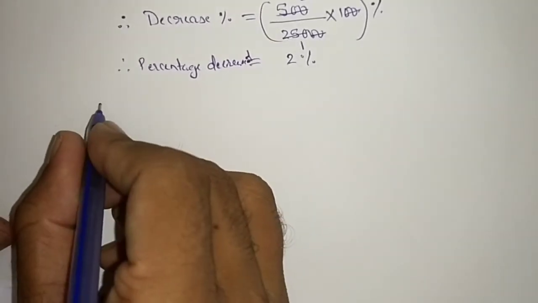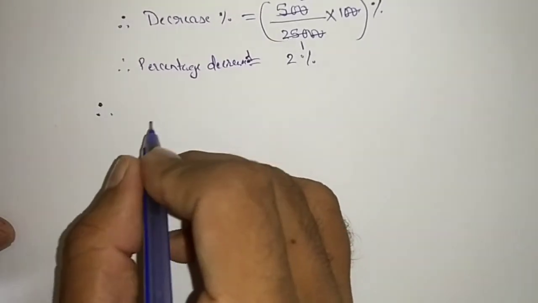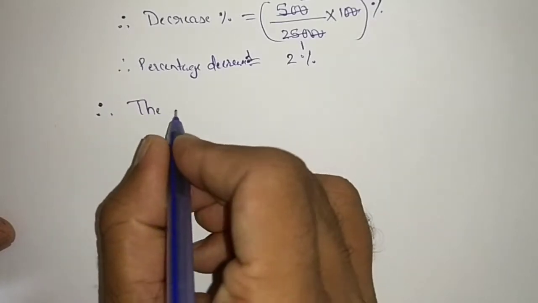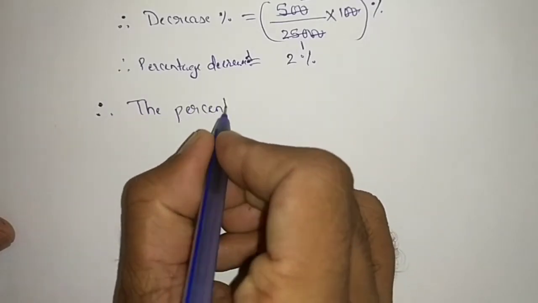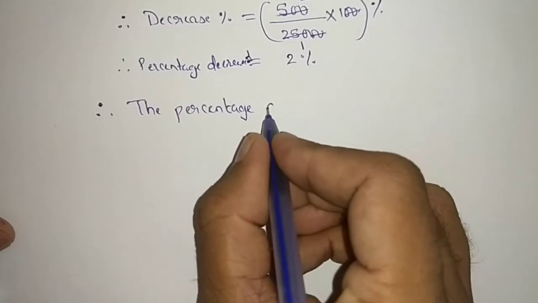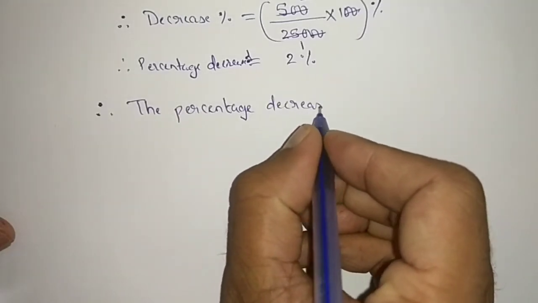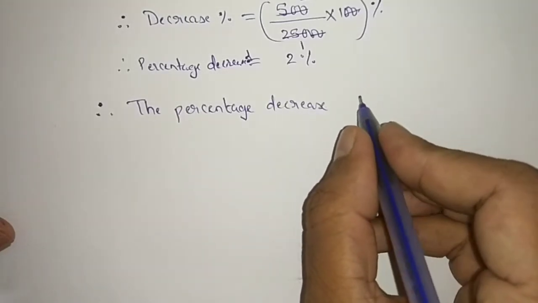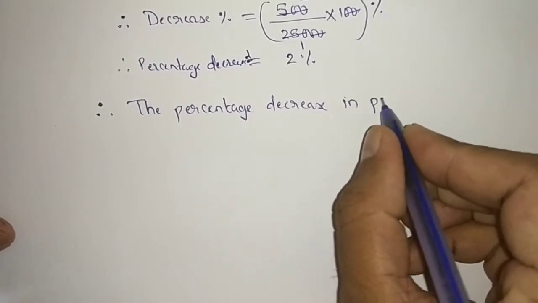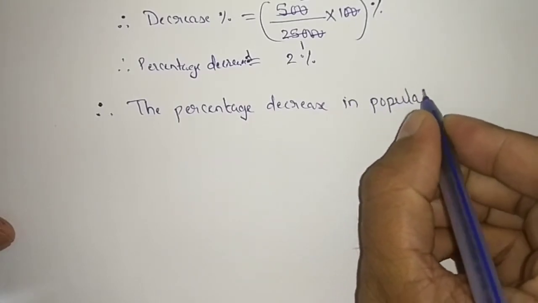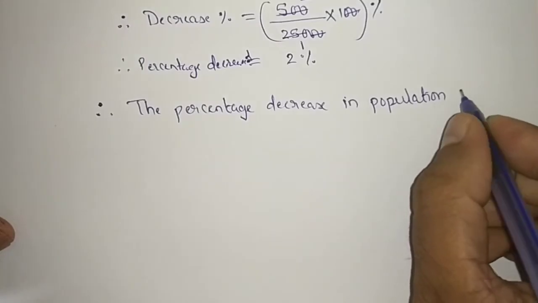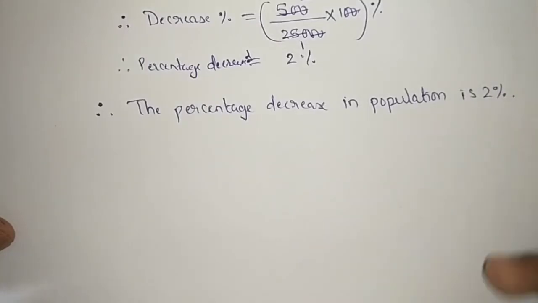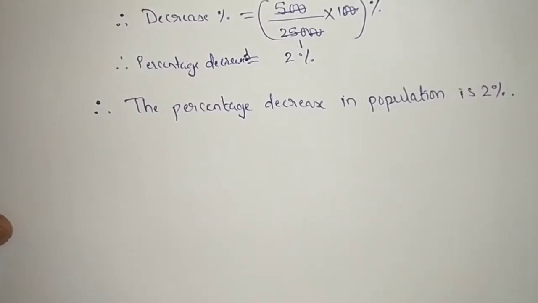So finally I will write, therefore the percentage decrease in population is 2%. Hope you have understood.